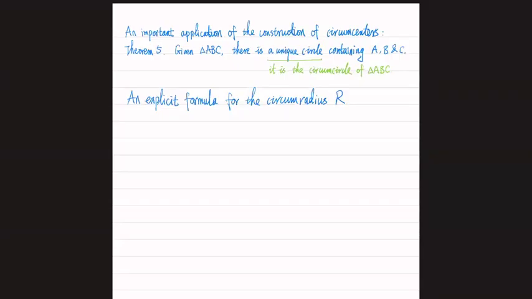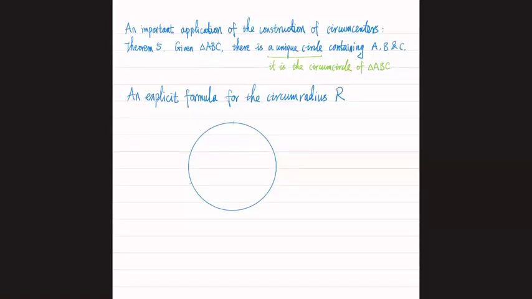Isn't it ABC over 4 area? Yes. We start with the circle, and I will mark 3 points, kind of arbitrary points. Whatever points you like, you can use your points. So the center will be somewhere near here.